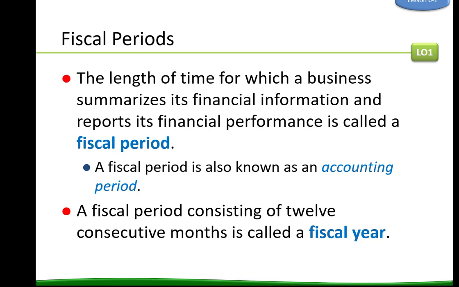I know of some businesses, though, that will have their fiscal period start in the summer and end in the summer. So they'll start in August to July on a year. So a fiscal period does not have to equal January through December. It could be any 12 consecutive months.